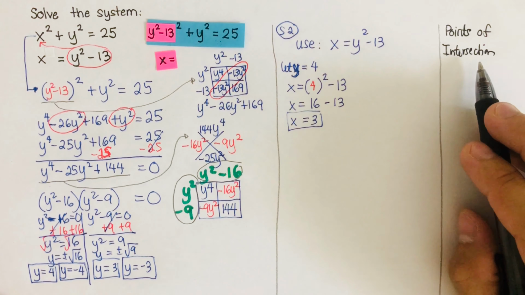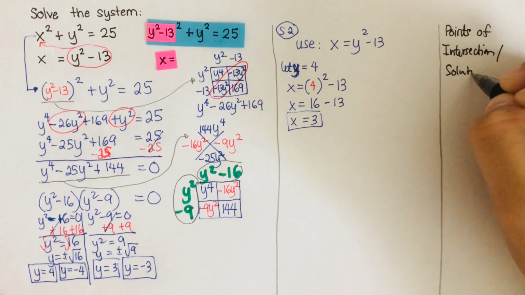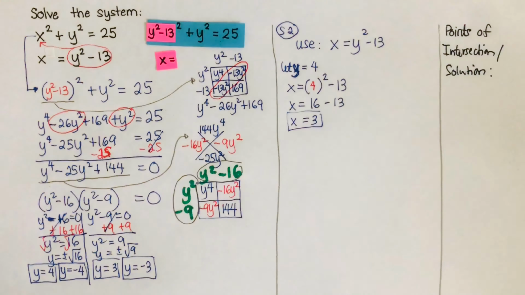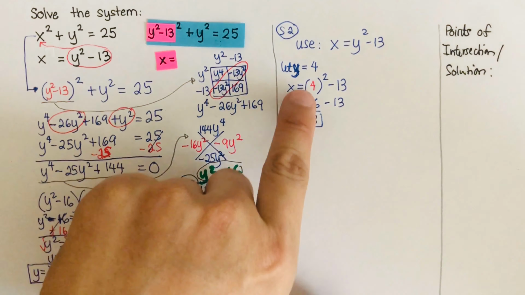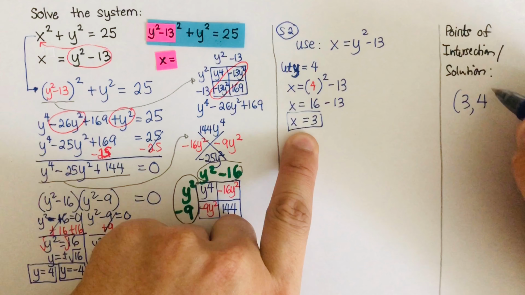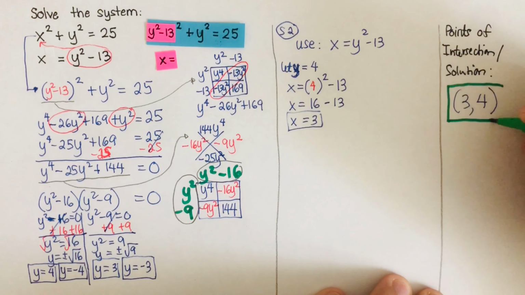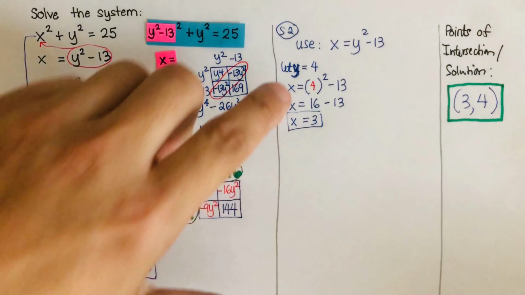The other term for points of intersection is the solution. Okay, so the first solution would be when x is 3, the y is 4. So that's the one that we solved over here. So that's the first point of intersection.